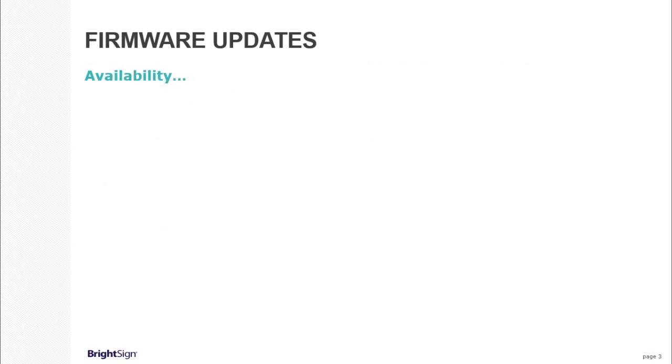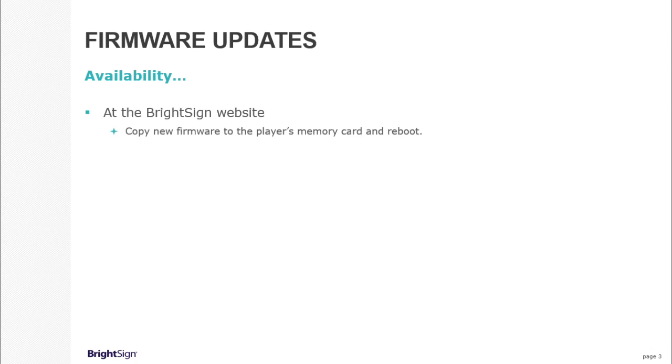Firmware updates are available at the BrightSign website. You can simply download a firmware update, copy that new firmware update to the player's memory card and reboot. That will be sufficient to update firmware in a player, and it's a very easy way to accomplish the task.